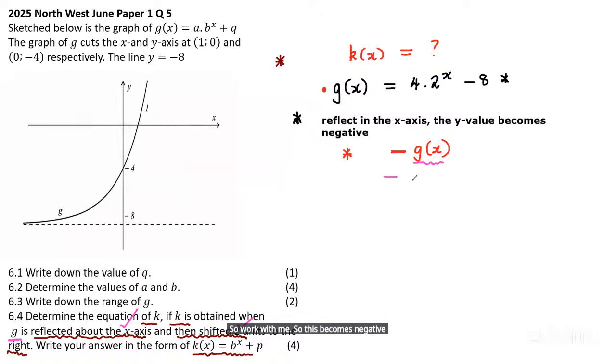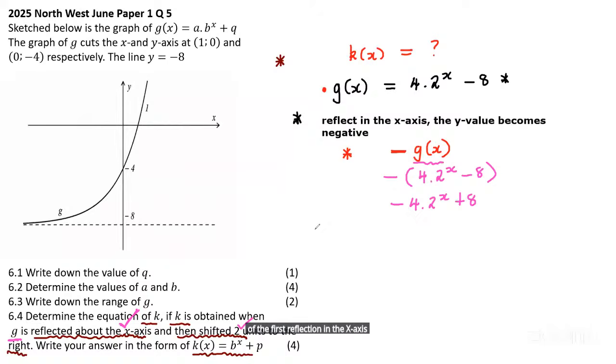I know g of x is 4.2 to the power x minus 8. Which means I'm now at negative 4.2 to the power x plus 8. This is the result of the first reflection in the x-axis.